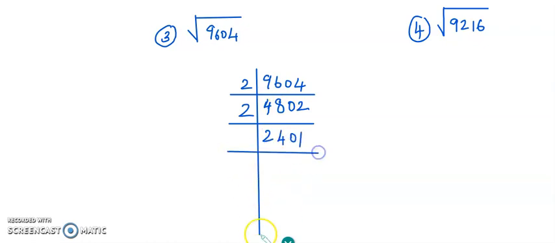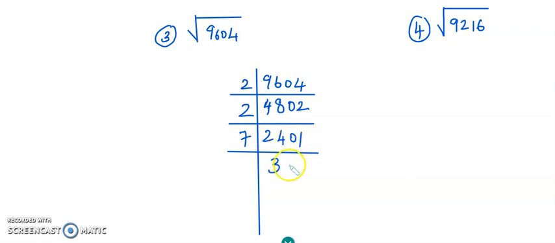Now the last is a 1, so what should we do? 1 is 3, 3, or 11 11s are, correct? So I think it's not going to go by 3, so let's try 7. 3 7s are 21, right?